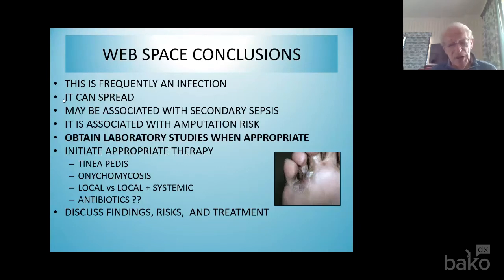You need to obtain appropriate laboratory studies, because without that, you really have no handle on what it is that you're actually treating. And then initiate appropriate therapy, whether it's for tinea pedis, whether it's for concurrent onychomycosis, whether it's for gram-positive infection, gram-negative infection, and intertrigo with a mixed picture, and discuss all of this in your notes.